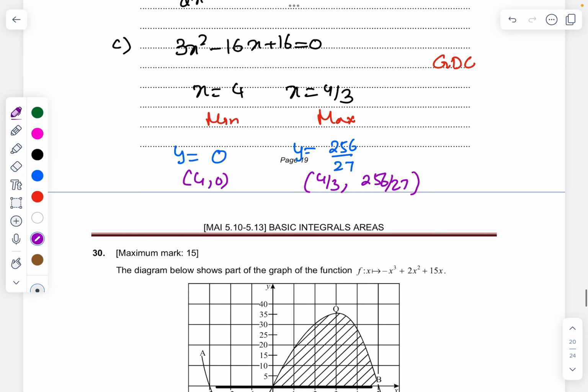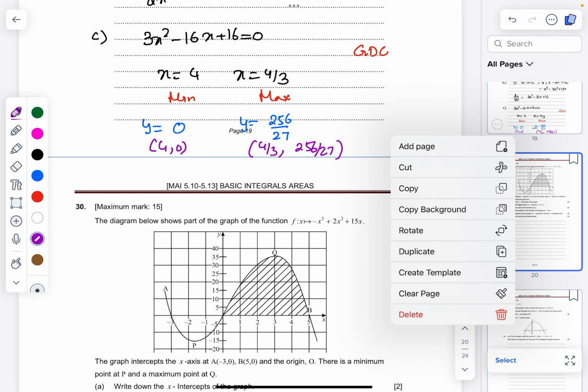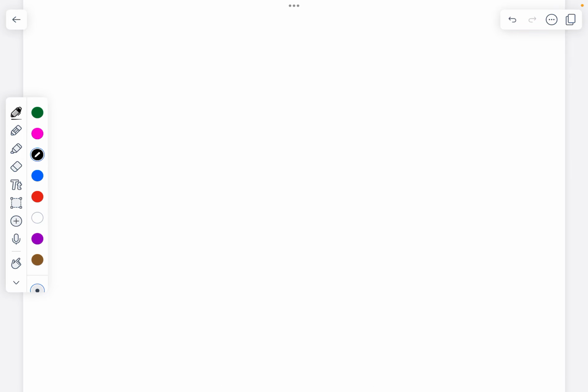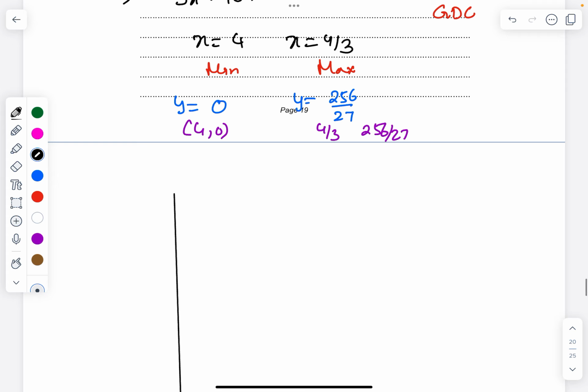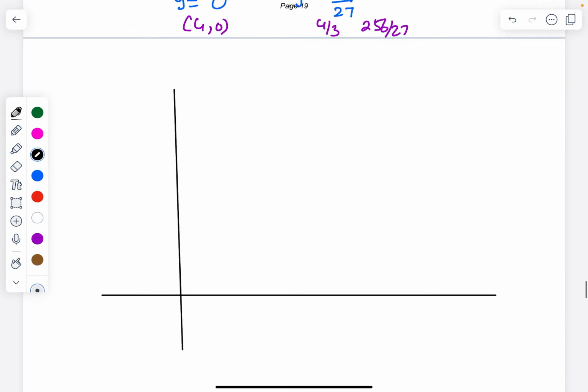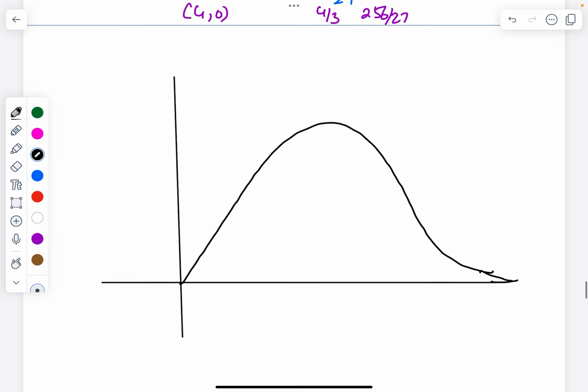Now use your answers to sketch the graph. So I am sketching the graph using the answers. So it looks like this from the graphing calculator.